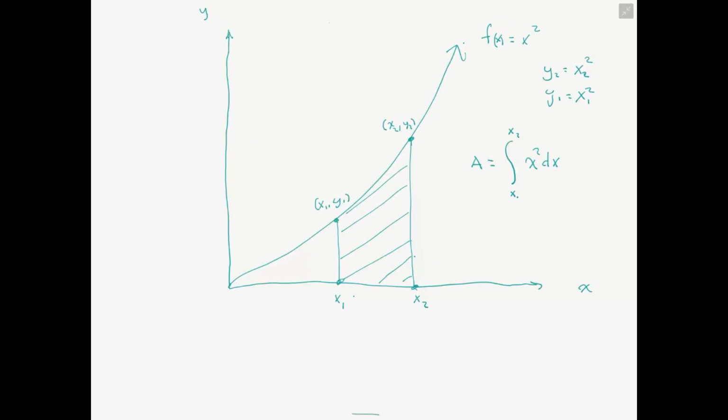That's equal to the area under the curve. So integration is equal to the area under the curve between the limits of integration.